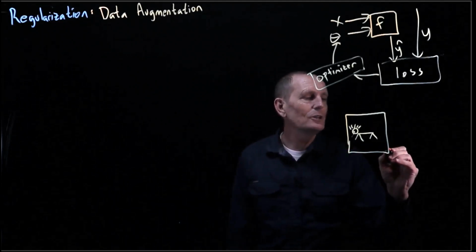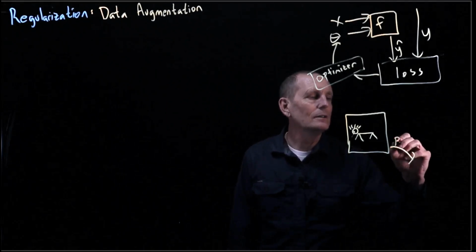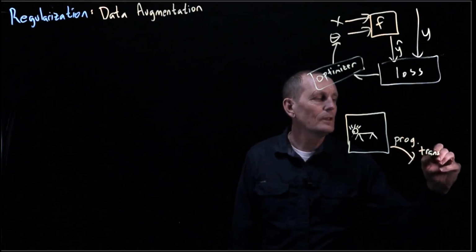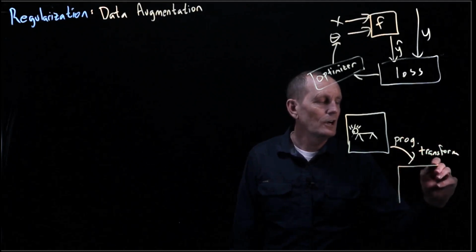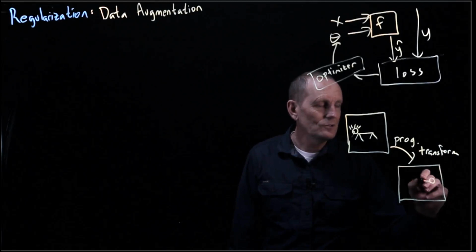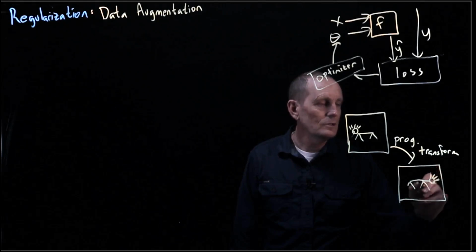So what we can do is programmatically transform this into a mirror image, which is a cat facing right.